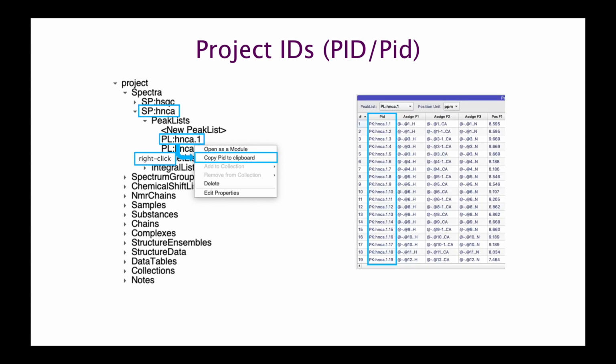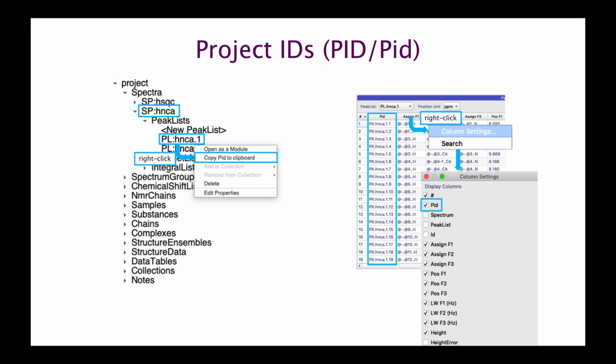In tables you can also usually find them. Very often you may have to right click on the column header and select column settings and then select to show the PID, and then again you can just right click on one cell, copy cell value, and then pop that into your script, and then that's the object, the data item on which you can then do something or get some information from.